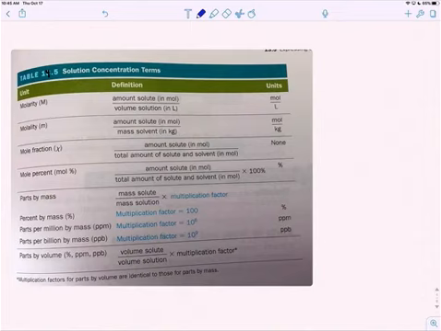Parts by mass, the easiest is percent. You just take the mass of whatever over the total mass times 100. If you're 20% body fat, that means the fraction of body fat is 0.2. If you're 100 kilograms, you have 20 kilograms of fat. Then there's parts per million, parts per billion, even parts per trillion. For parts per million, you multiply by 10 to the 6.